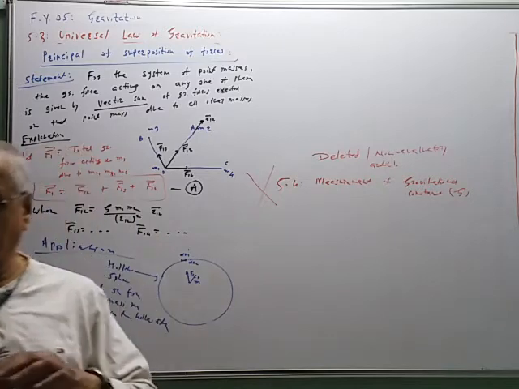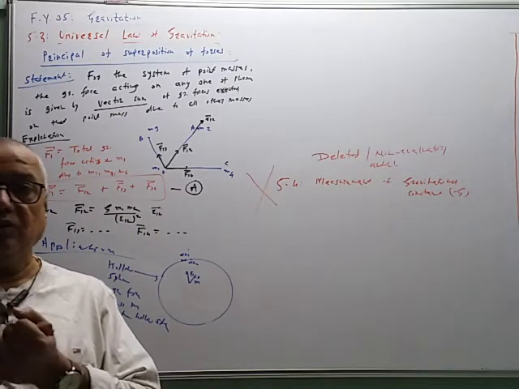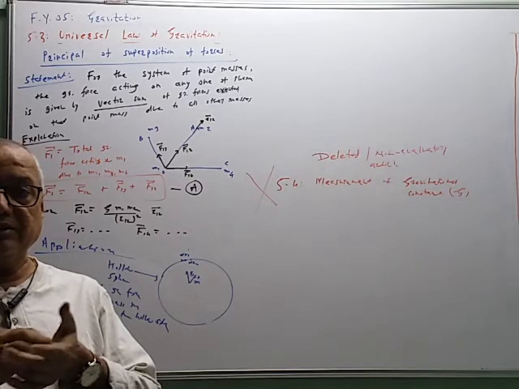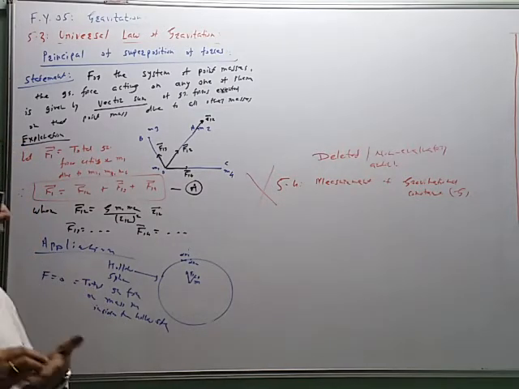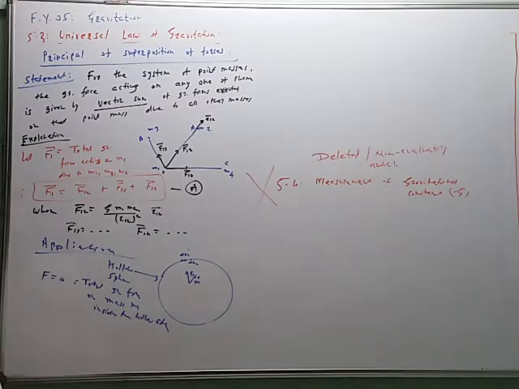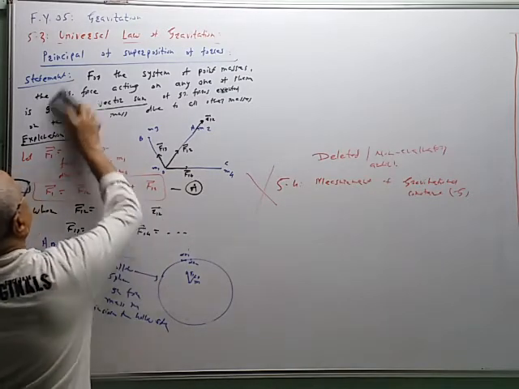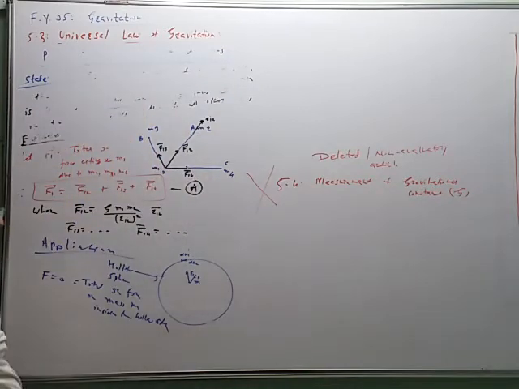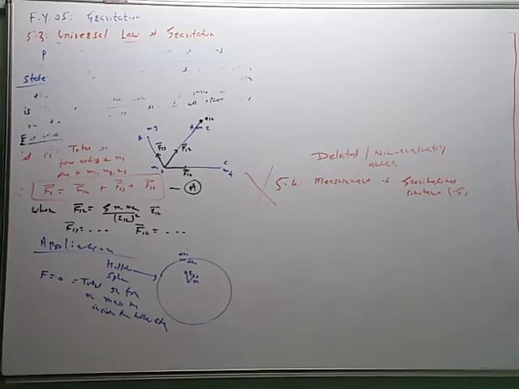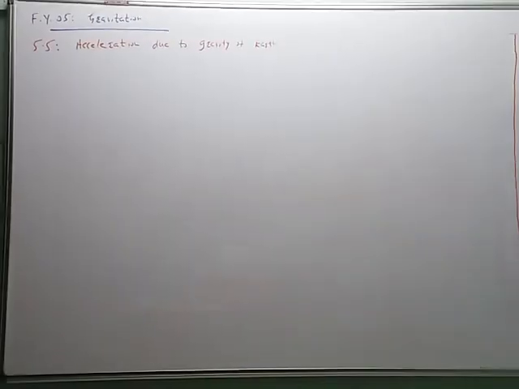Now let us see the values of gravitational acceleration in terms of Newton's law, or the relation between capital G and small g. So here we have to find the expression for g.